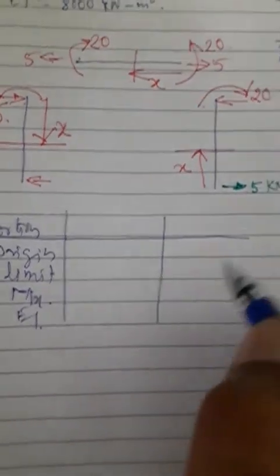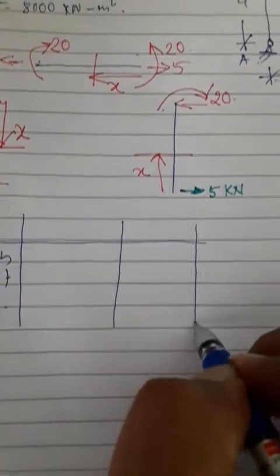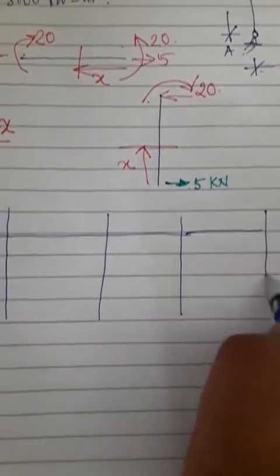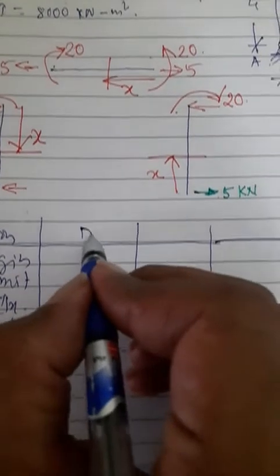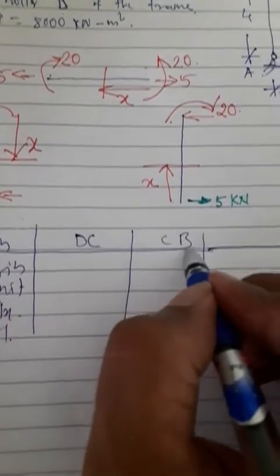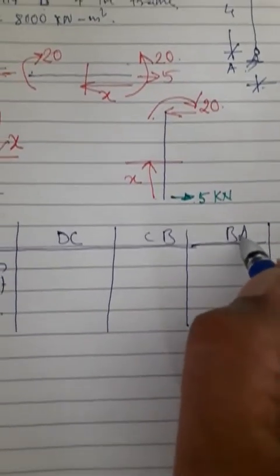I am going to start from D, come towards A. This is the procedure. So first will be DC, CB, BA.